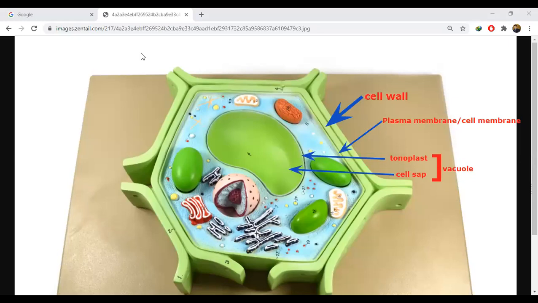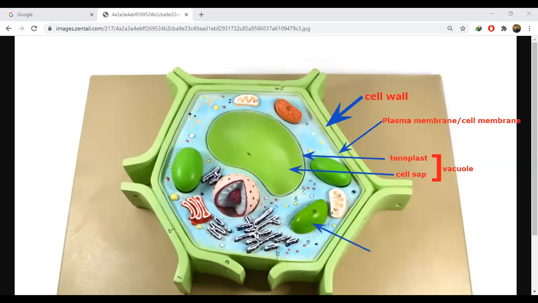Okay, right. In your picture, tonoplast is there, cell sap is there, vacuole is there. This is another.